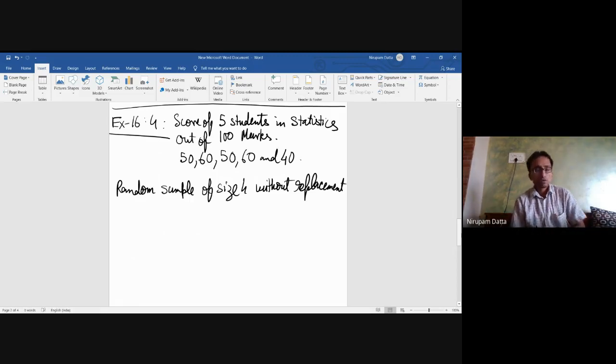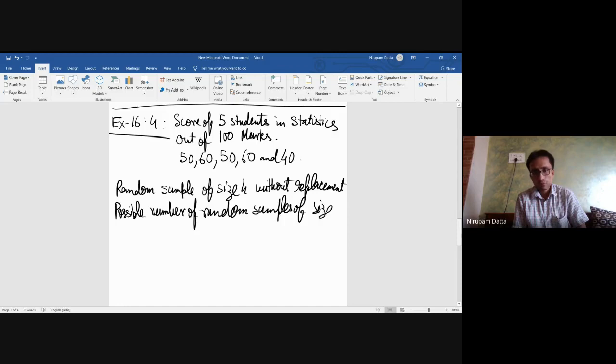So possible number of random samples of size 4 is given by 5C4, that is 5 factorial by 4 factorial into 1 factorial.